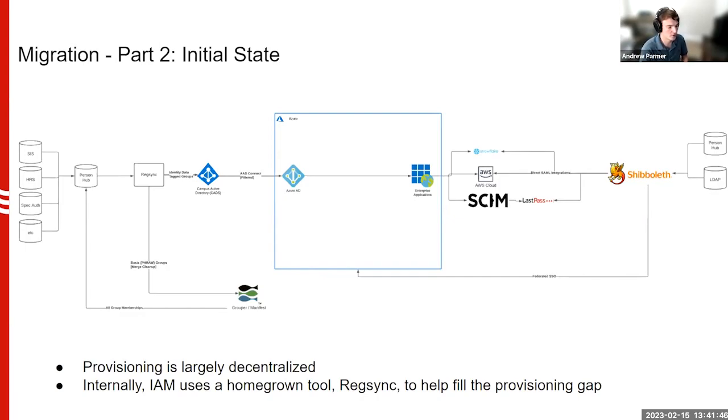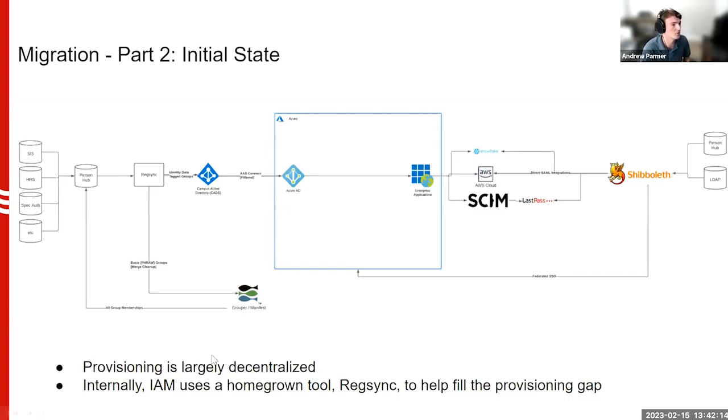We've built our own internal tools for provisioning from the Person Hub to Active Directory and our other services. In this diagram, RegSync fills that role. We do, as Oaks mentioned, offer Azure AD provisioning, and we've started to complete some of our initial use cases there, and we plan to expand adoption there.